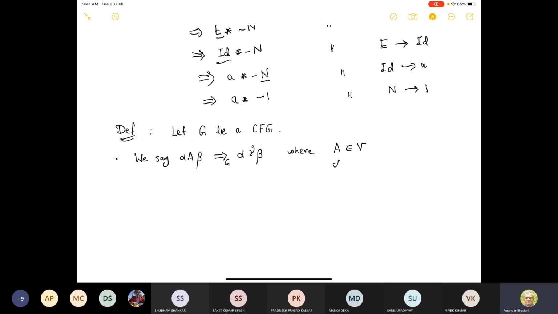And alpha, beta, and gamma are strings of variables and terminals. And these could be empty as well.